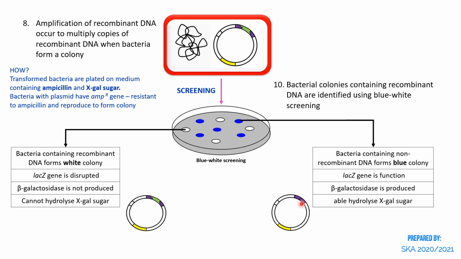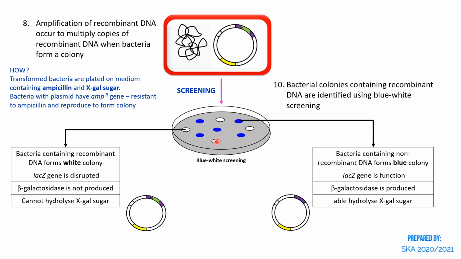So the lacZ gene here is functional. So the beta-galactosidase can be synthesized or produced. And when this beta-galactosidase is present, it can hydrolyze the X-gal and it will turn blue.